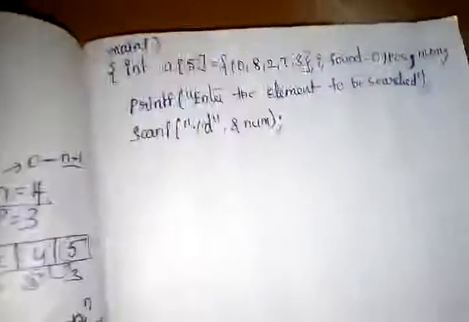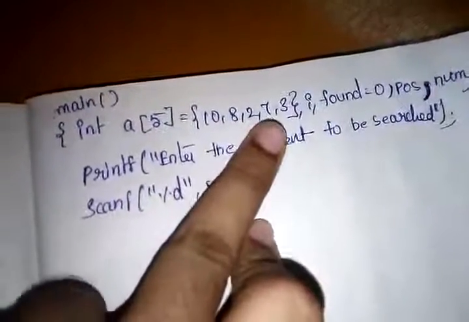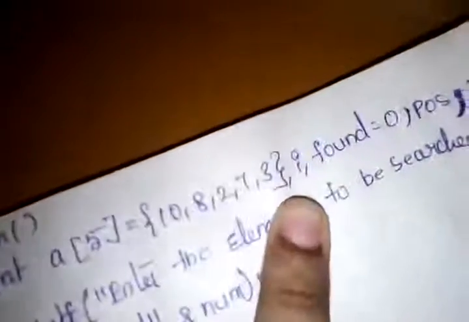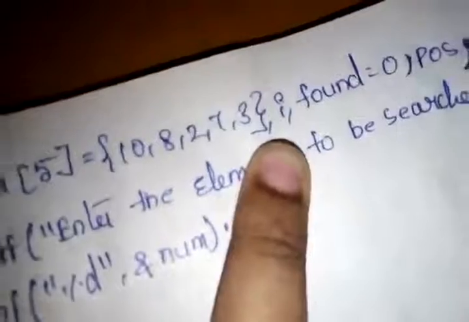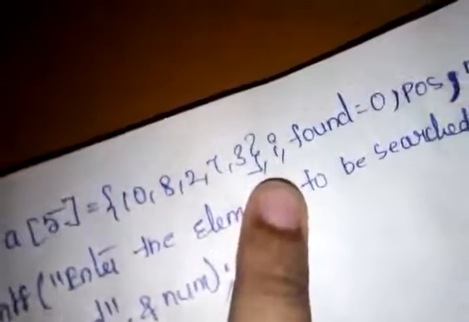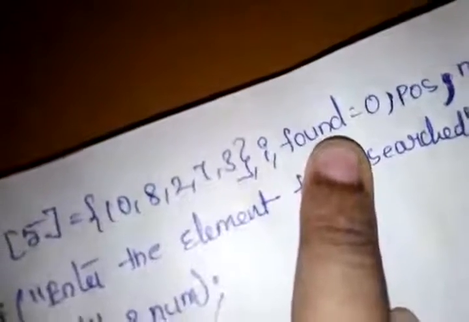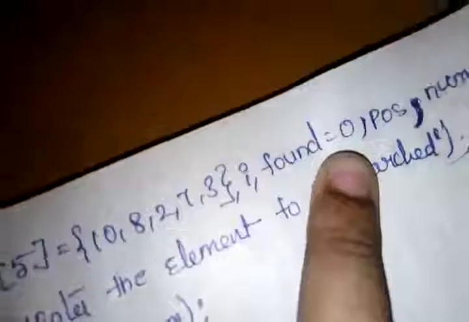So let us take an array of 5 elements, 10, 8, 2, 7 and 3, and in order to access the array elements, I am taking a variable to use in a loop, I. This found, I am taking a variable found because initially I am initializing it to the value 0.